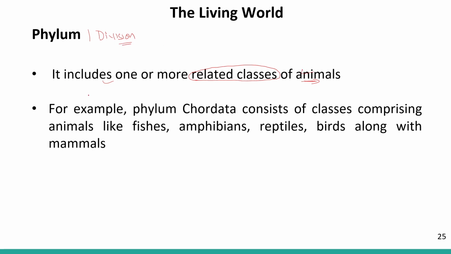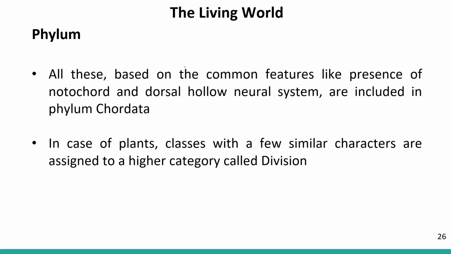An example is phylum Chordata, which consists of classes comprising animals such as fishes, amphibians, reptiles, birds, and mammals. You can see the diversity is increasing, and the taxonomic category is getting broader and broader.